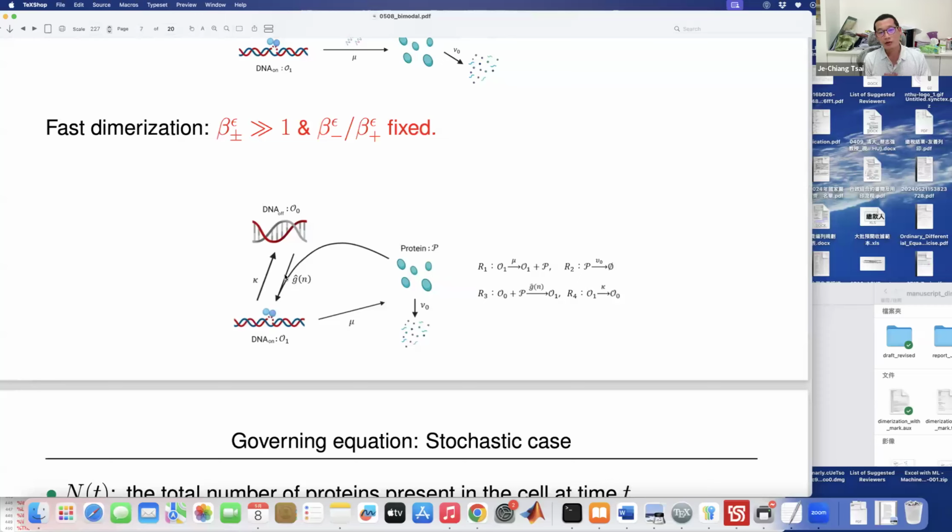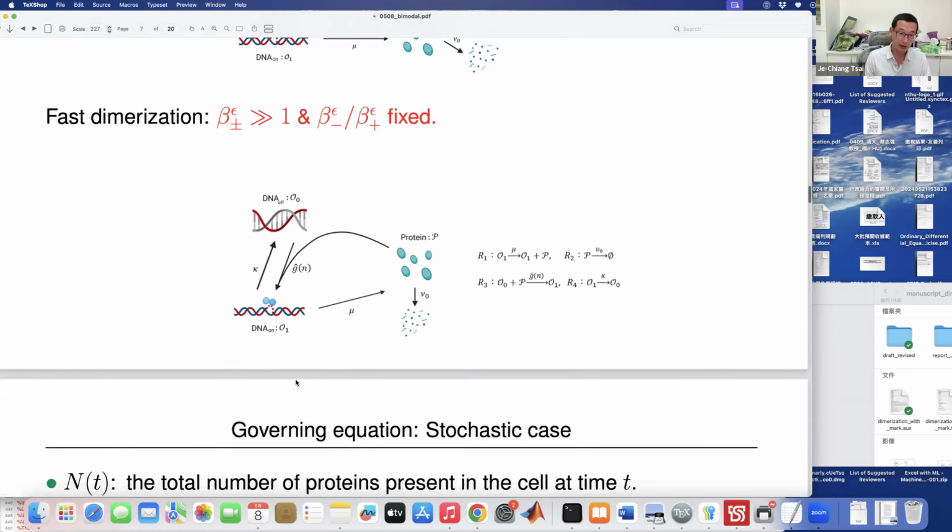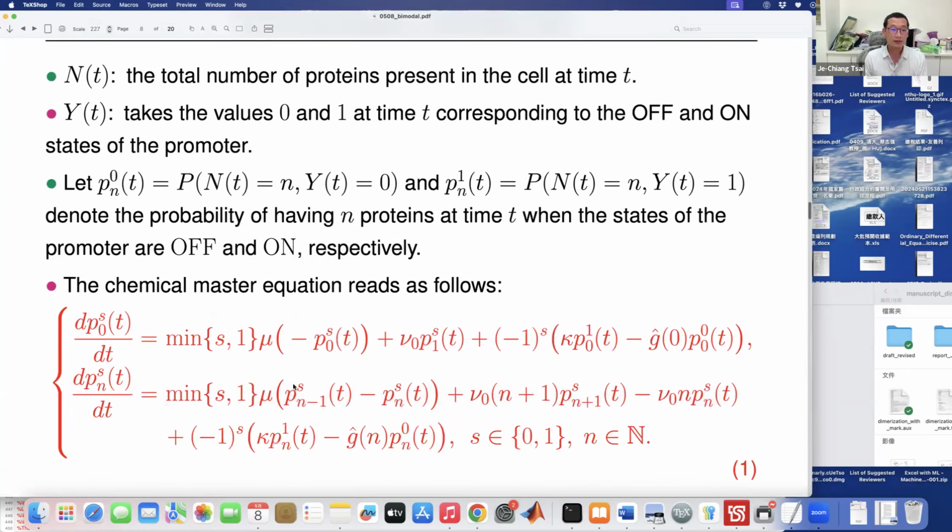But anyway, based on the fast dimerization assumption, I can reduce this model to this simple two-state model. Again, this one is linear, but this G-N is nonlinear. So we still have a nonlinear model.